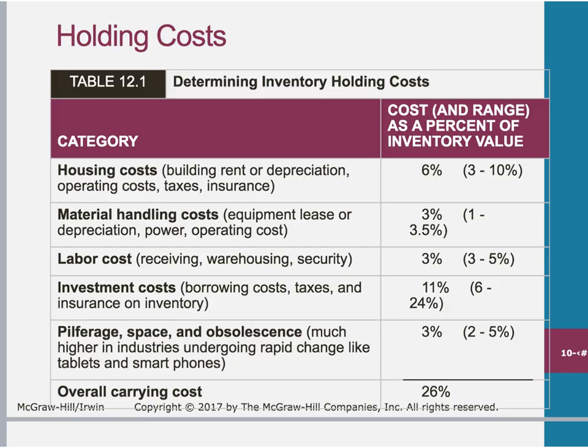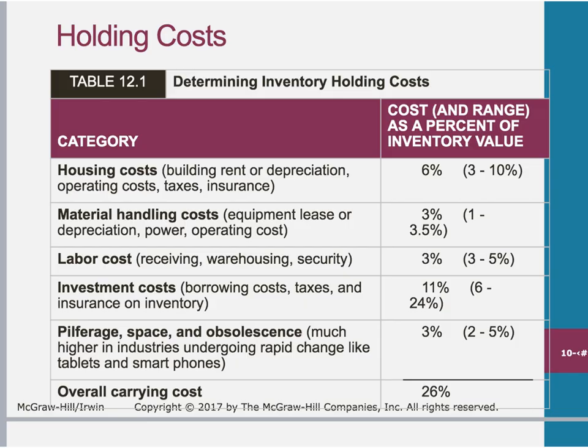Examples of holding costs, like when you're thinking about housing costs, that's about 6% or so. Material handling costs could be anywhere between 1 to 3.5%. Labor costs, 3 to 5%. These are the things that build up holding costs. So when you think of holding costs, it's not necessarily just how much it is to rent space in a warehouse, but also other costs, right?